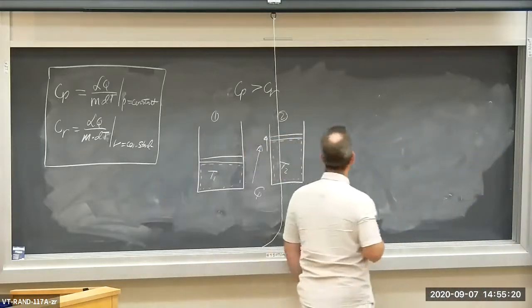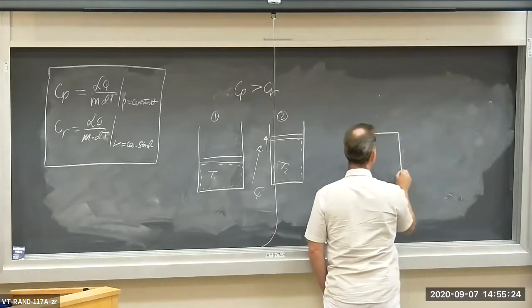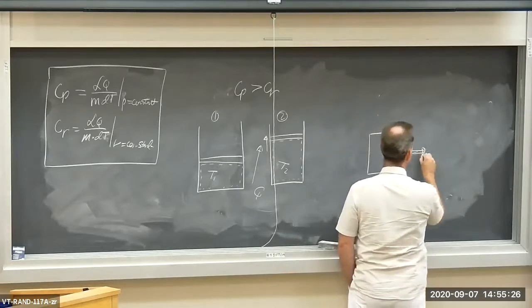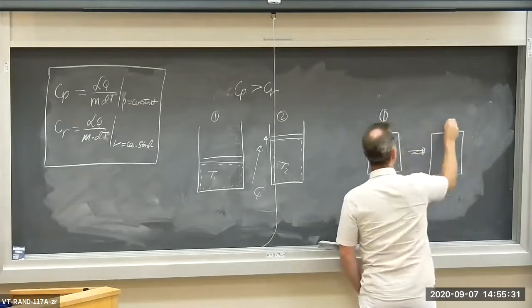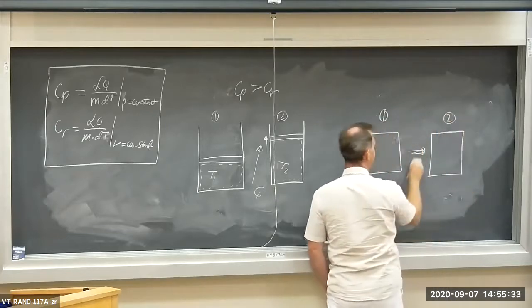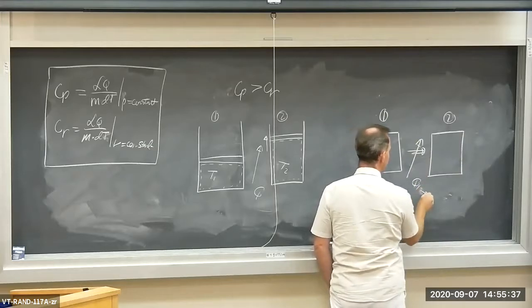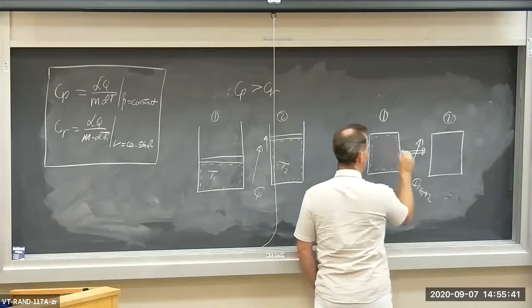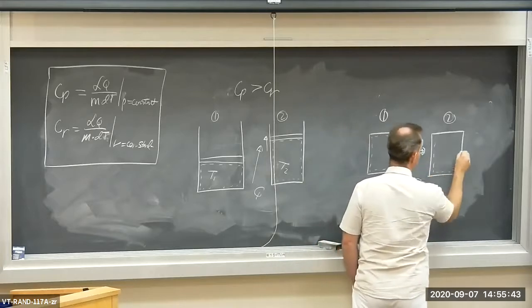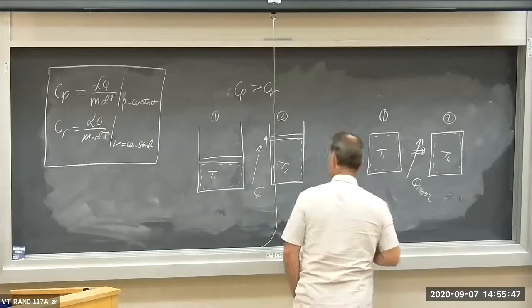And then we have the constant volume process, which involves a rigid container. So we're going from state 1 to state 2, and we're adding heat Q1-2, and I have a temperature T2 and a T1.